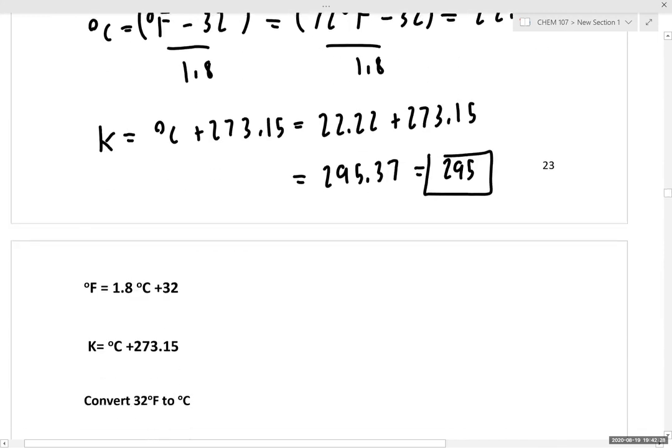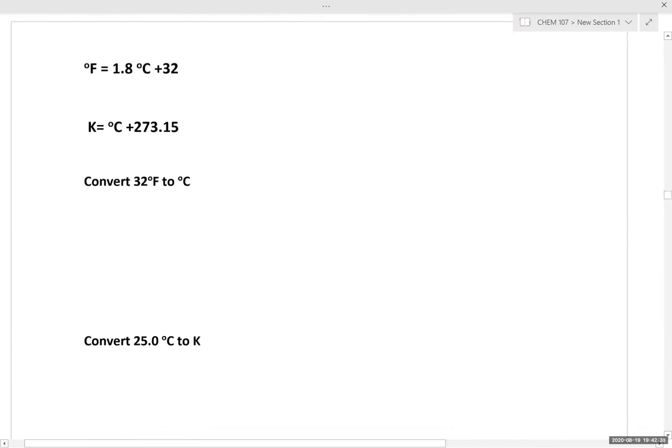If not, let's apply what we've learned, and I'll provide you the Celsius conversion. The degrees Celsius is equal to the degrees Fahrenheit minus 32 over 1.8. I'd like you to now work on the following two examples. Convert 32 degrees Fahrenheit to Celsius and 25 degrees Celsius to Kelvin.